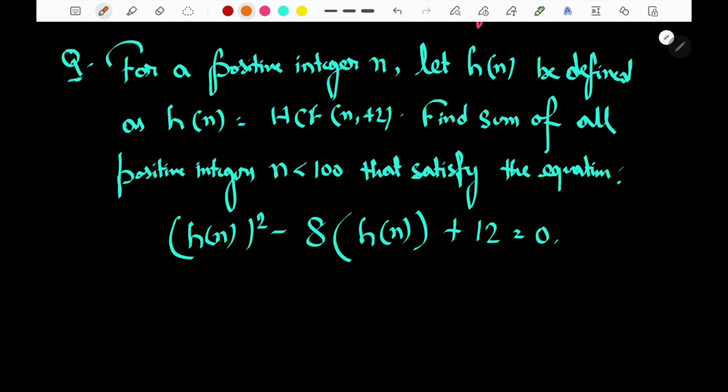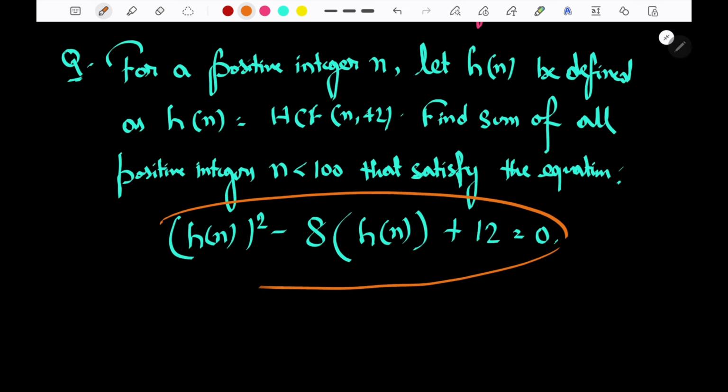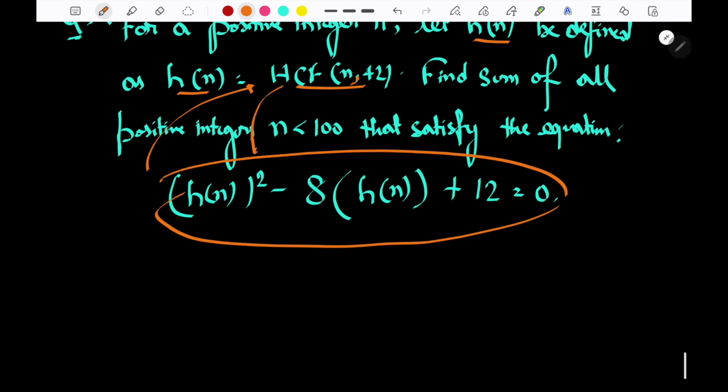So for this question, a quadratic has been combined with a question of HCF. Now how do we proceed? So see here, h of n is defined as HCF of n comma 42. Now again, this is given as a quadratic in h of n. So for the solution, let's solve this quadratic first.